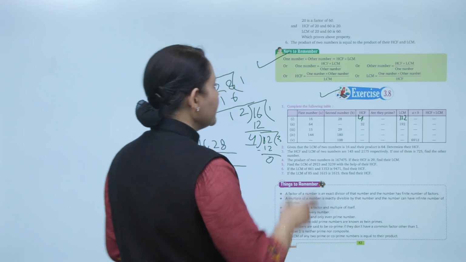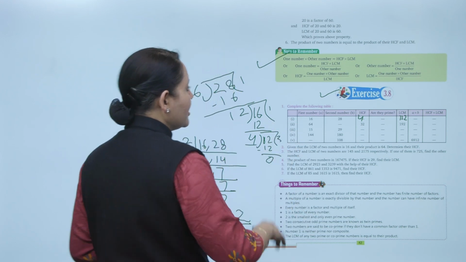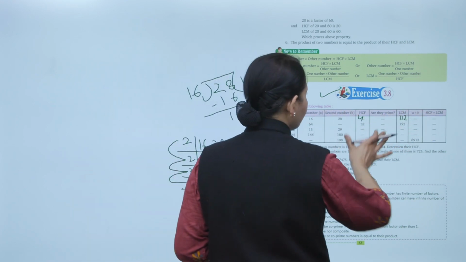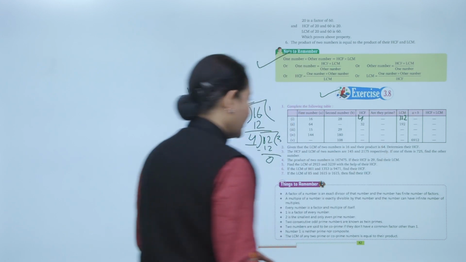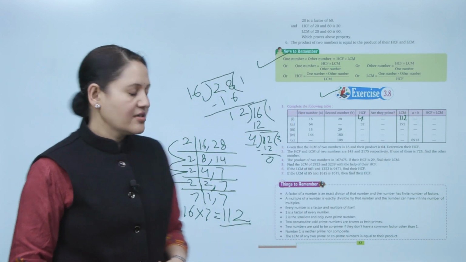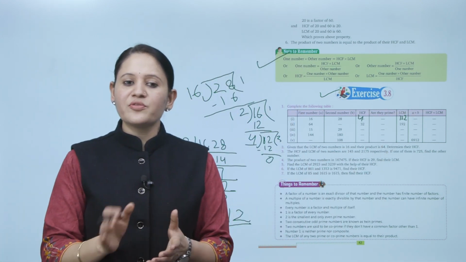A into B means 16 into 28 and HCF into LCM. तो आप इन दोनों को मल्टीप्लाई कर लेंगे like this. Clear? So practice all the questions here.